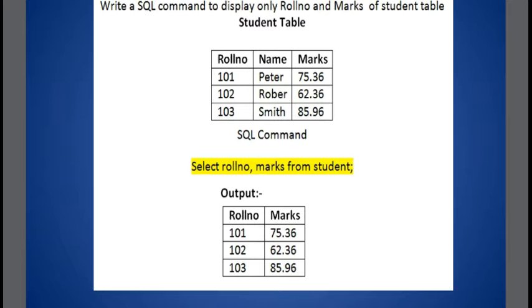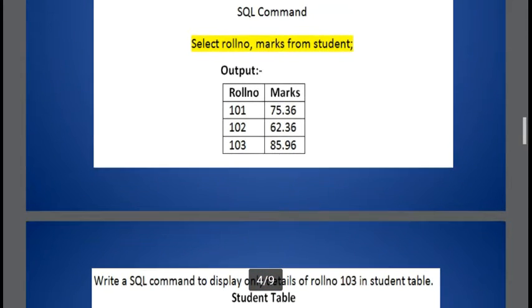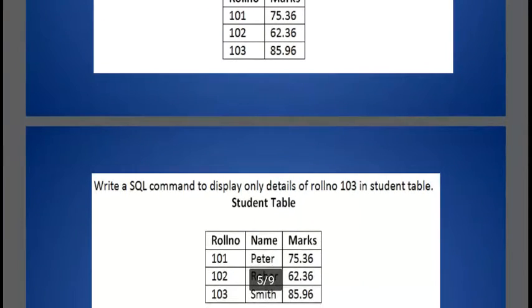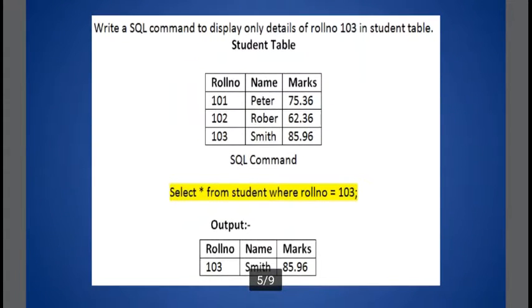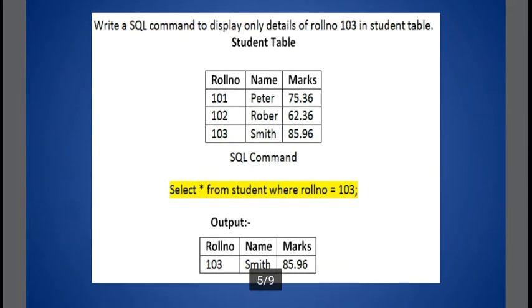Because the select command is used to display data, now my third question is I want to display only selected rows. Write a SQL command to display only the details of roll number 103 in the student table. In the exam you will write the highlighted answer. Select star means complete details of roll number 103, so you write SELECT star FROM student.